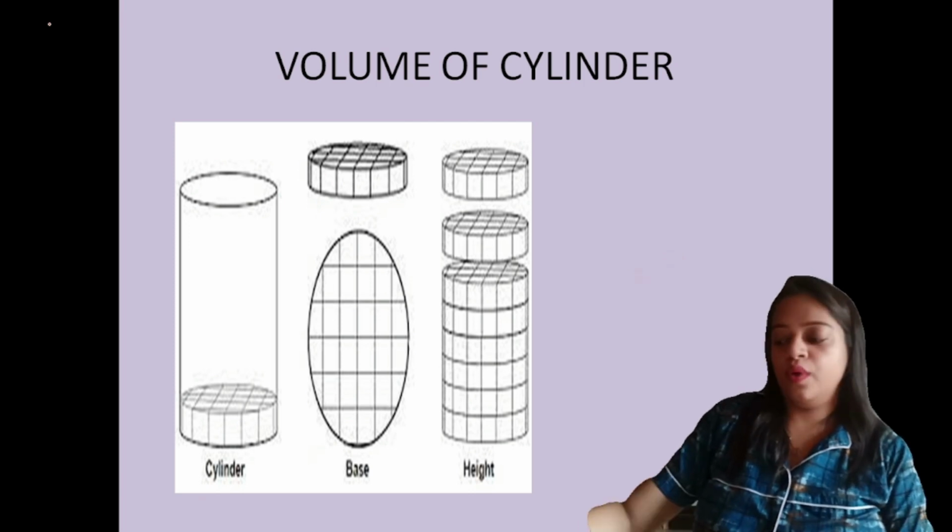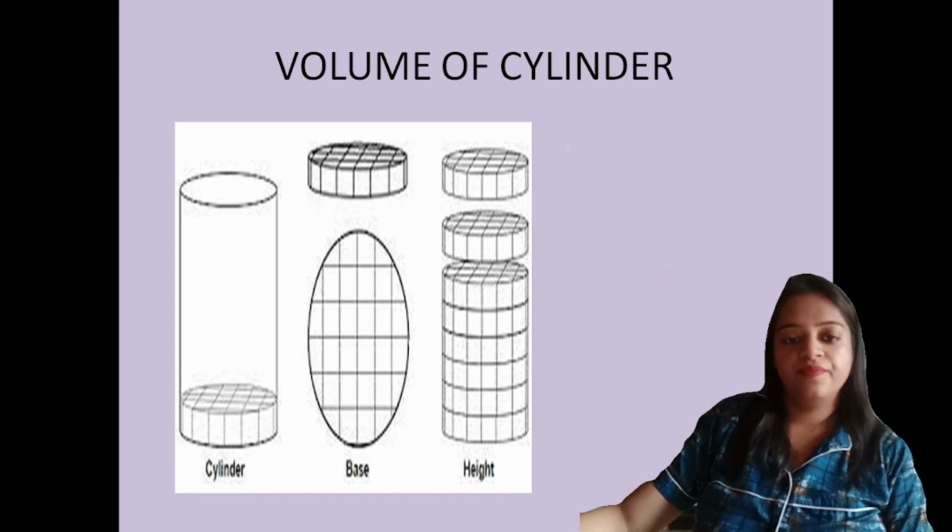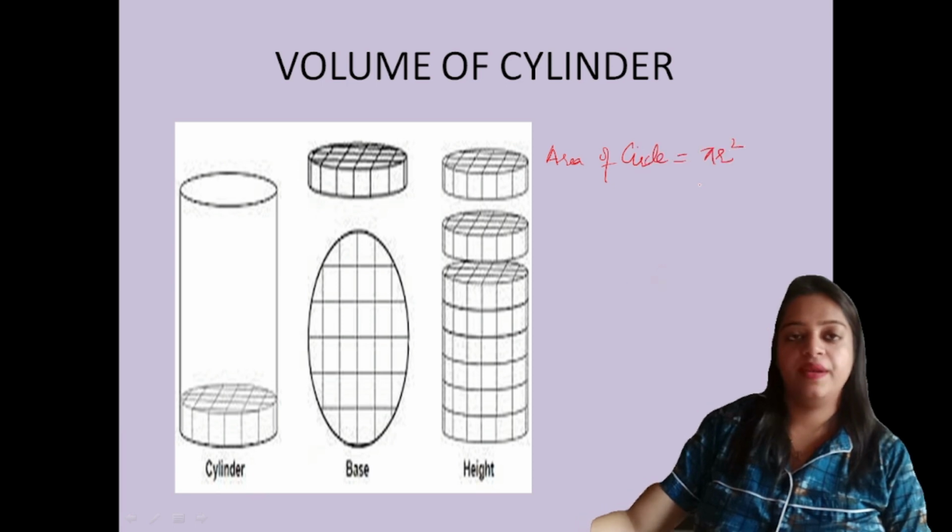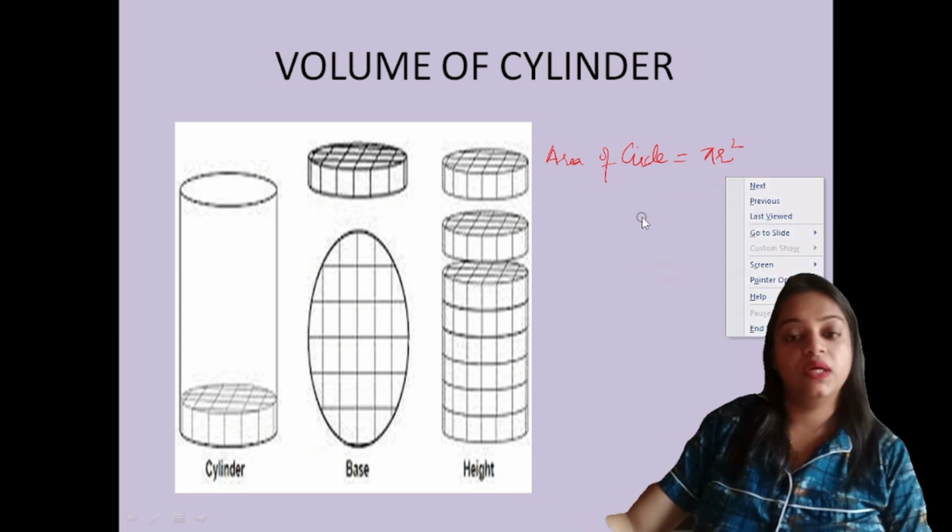You already know about the formula for area of circle. Area of circle, which is pi r square, right? ये pi r square add होते गए and they are giving you a particular height.